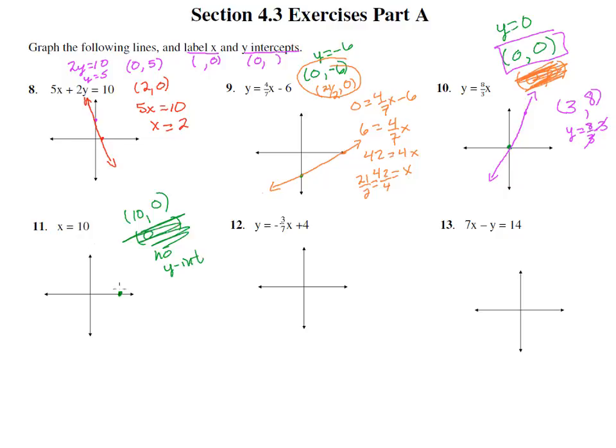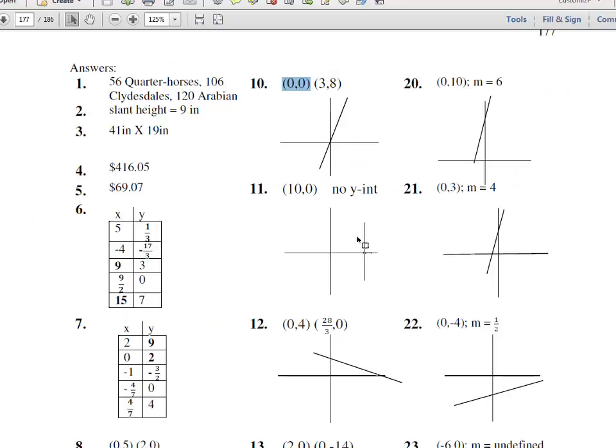This one is x equals 10, and y can do anything, going straight up and down. So other points you might have are like 10, 4, or 10, negative 2, or something like that. So let's check our answer. Yeah, 10, 0 is the x-intercept, but there is no y-intercept, and here's the line.